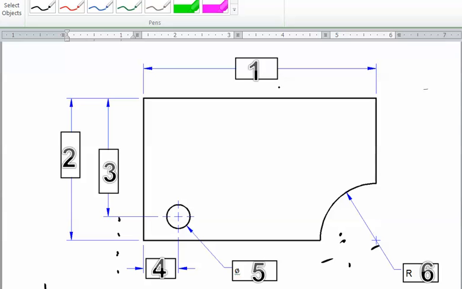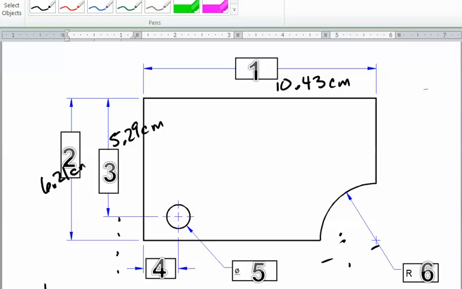Number 1 up here I measured to be a little bit more than 10.4, so I'm going to say 10.43. 2, as I measure it, I get about 6.21. 3, as I measure it, I get about 5.29. These would all be with the correct units.